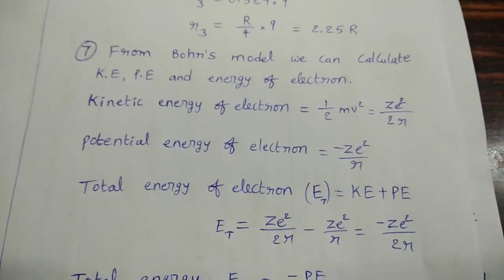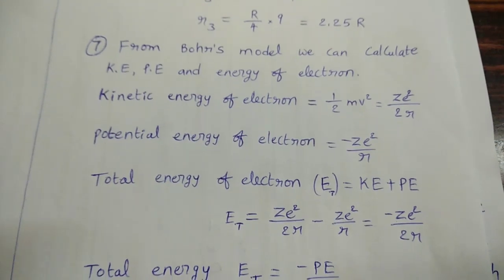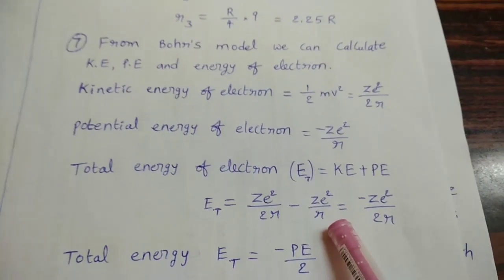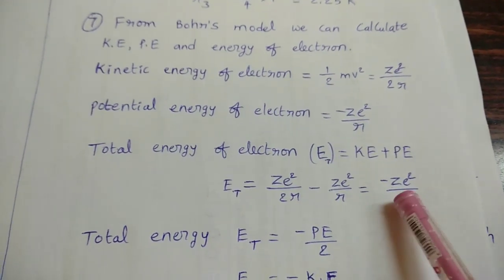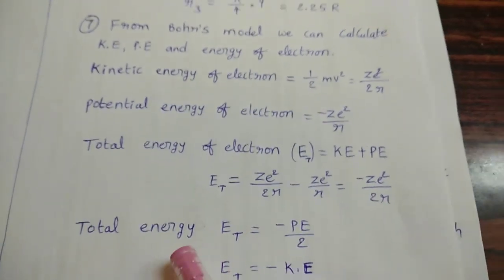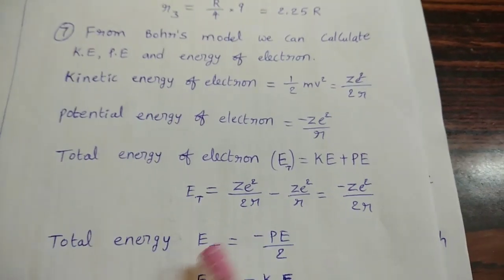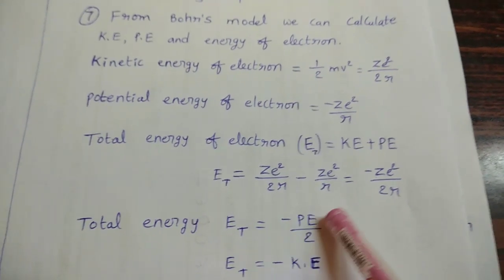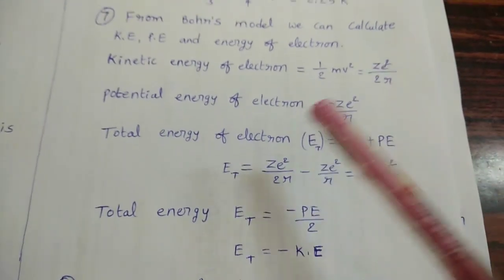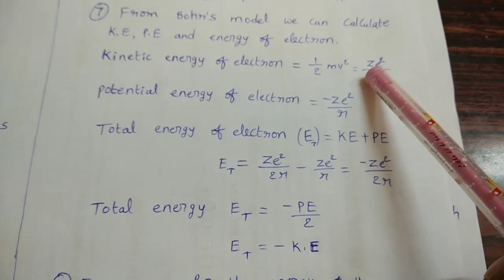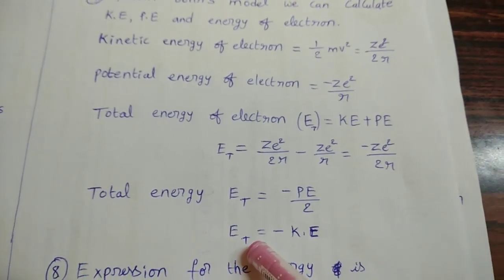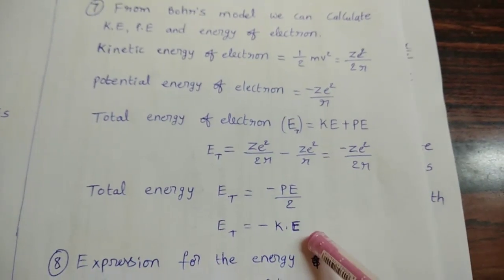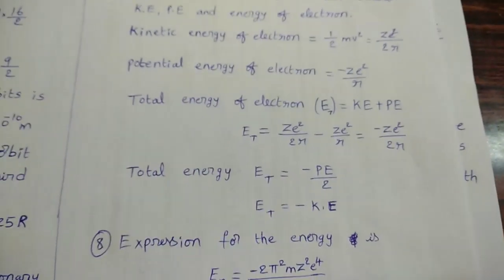Total energy of the electron, Et equal to KE plus PE. So we get minus Ze square by 2r. The relation between total energy and potential energy is Et equal to PE by 2. The relation between total energy and kinetic energy is Et equal to minus KE. Remember these formulae, numericals are based on this.